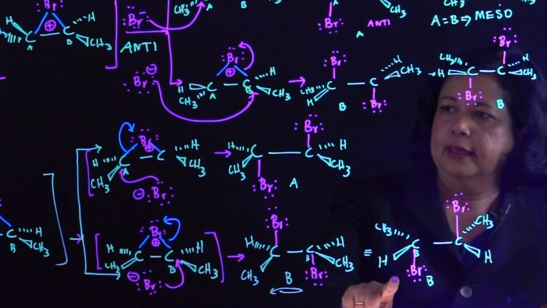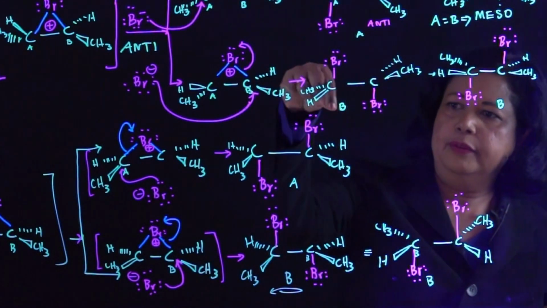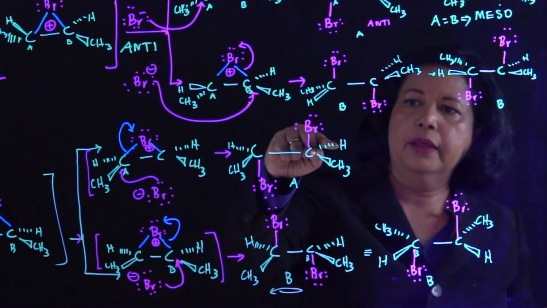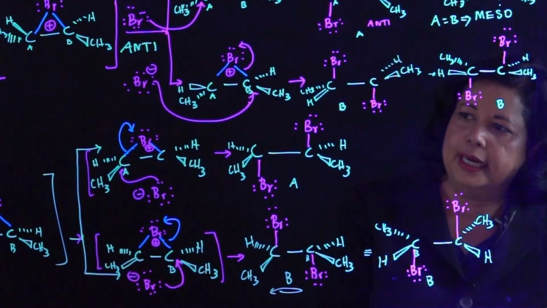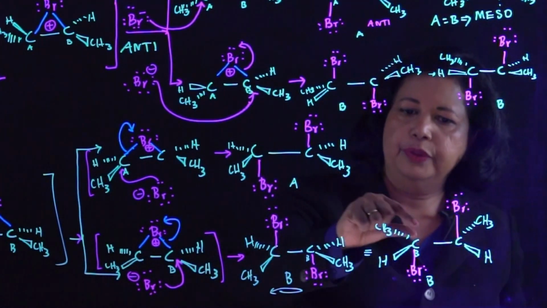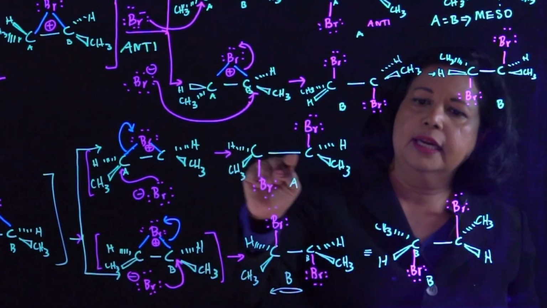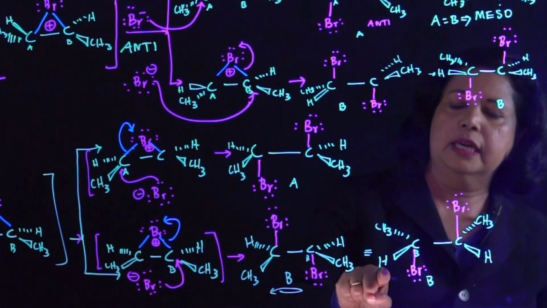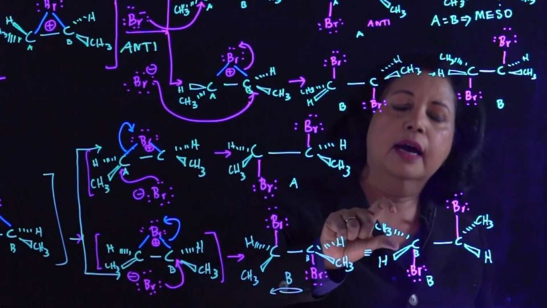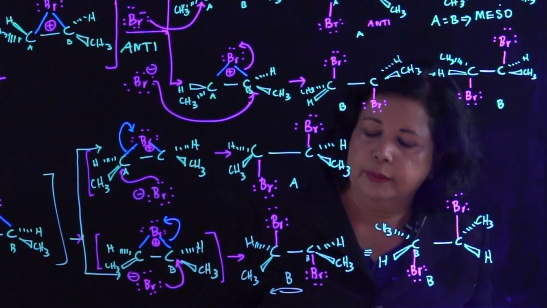What are they? Are they superimposable? We can take this and put it on top, and the methyl and the hydrogen are not going to fall exactly on top of that. Same here. If you take this and put it on top here, hydrogen is going down inside, methyl is going inside. Methyl's coming out, hydrogen's coming out. So therefore, these are not going to go perfectly on top of each other, the same atom on the other carbon.